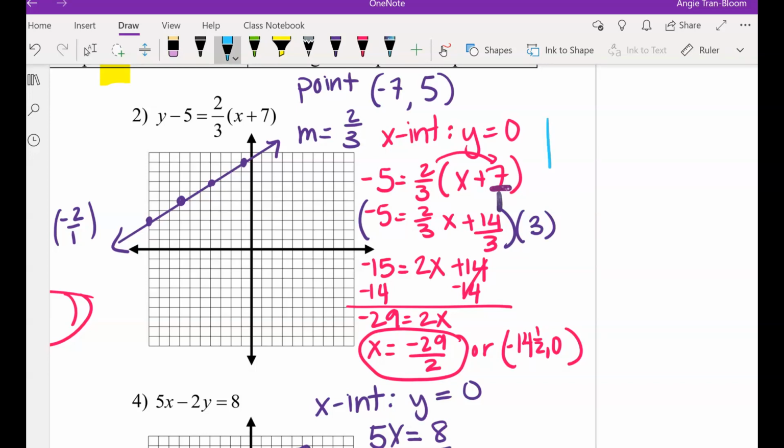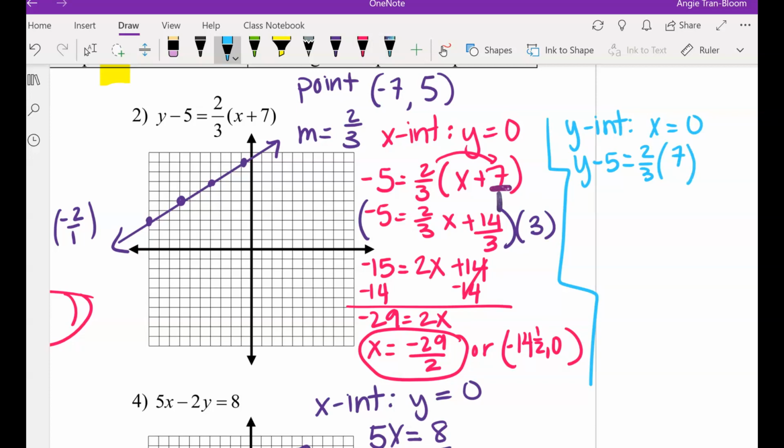Y-intercept is when x equals what? 0. So y minus 5 equals 2/3 times the quantity. Oh man, if x is 0, what's left in the quantity? Just what? Just 7. Okay. Technically, you can think of it as 7 over 1 if that helps you multiply fractions.